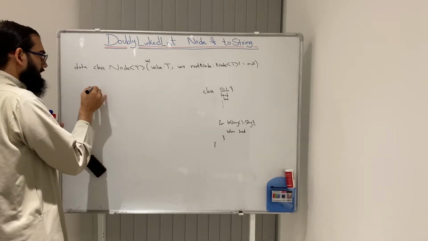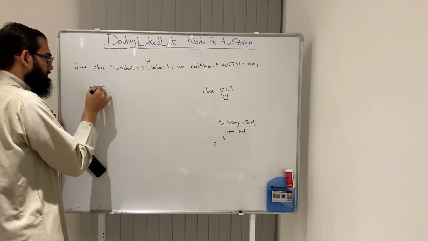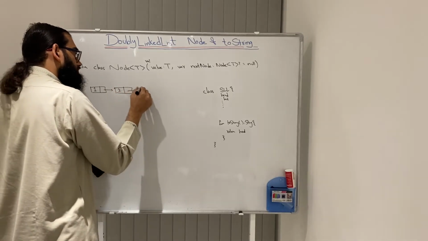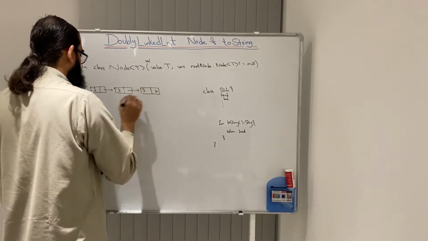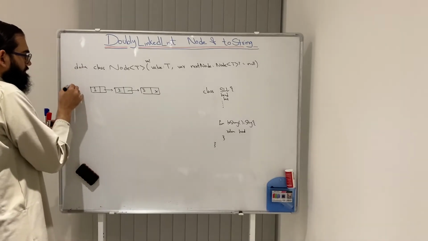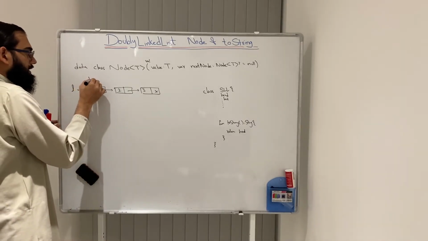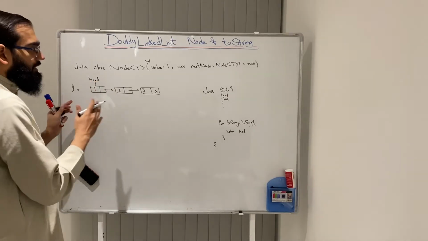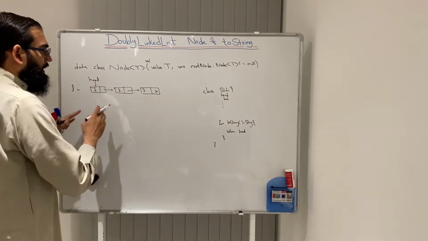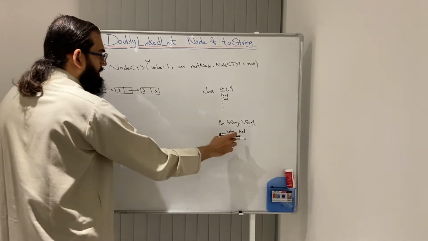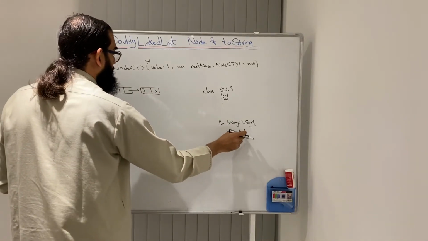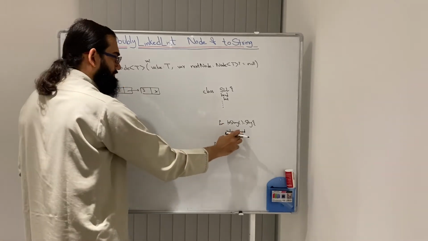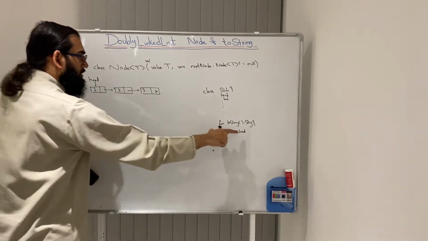So how does this work? Assume this is my list: 1, 2, 3. This is my list L, and there is an internal implementation of head. Once I say print L, it says go to the head, and since head is a node, internally it calls toString.